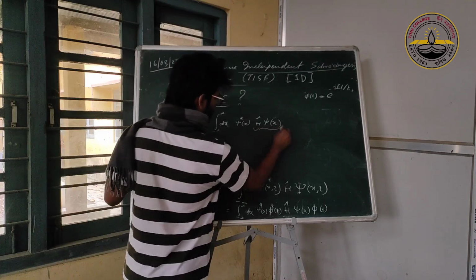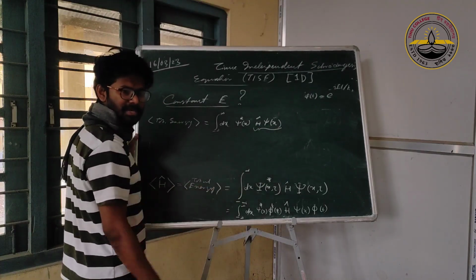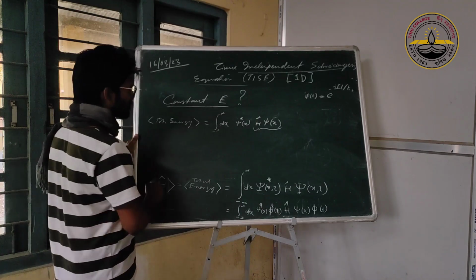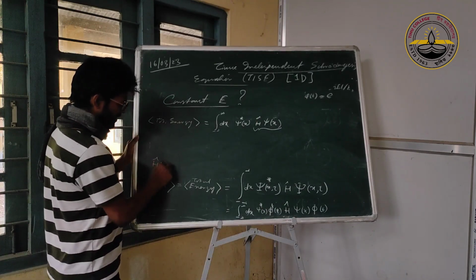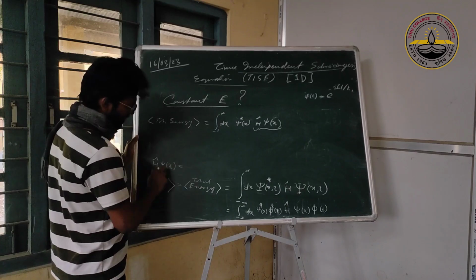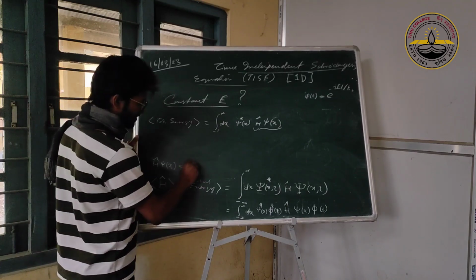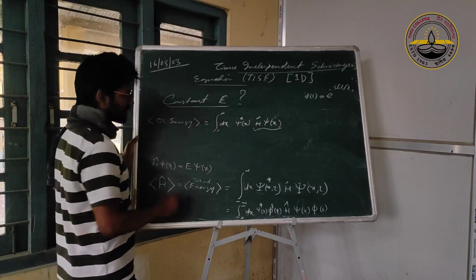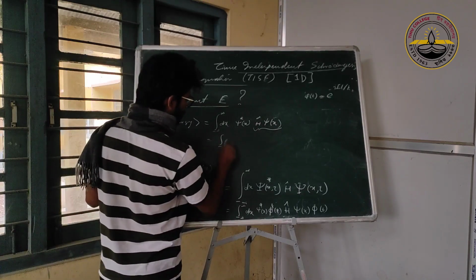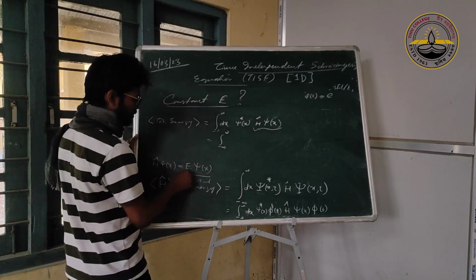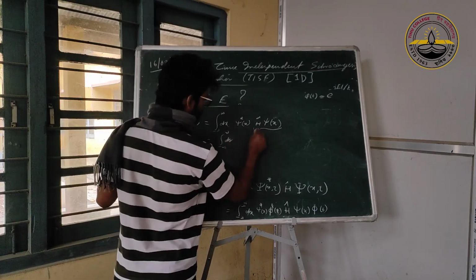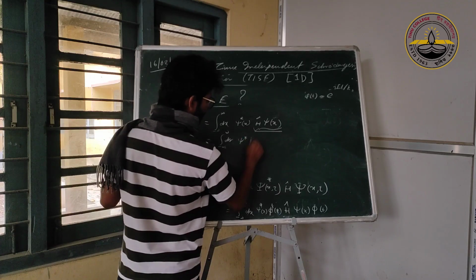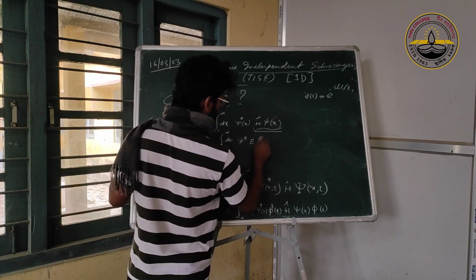And what was your H operating on psi of x? It was the time-independent Schrodinger's equation. Remember, H operating on psi of x gives us this constant into psi of x, right? So I can use the time-independent Schrodinger equation to get the value of this thing, which is nothing but a constant into psi of x.